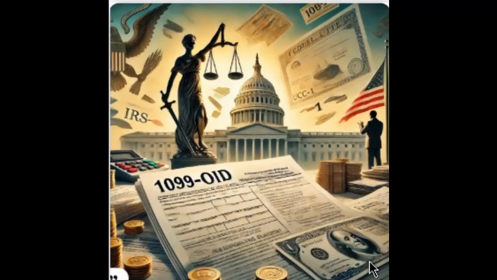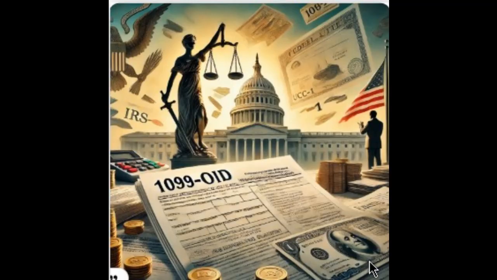Conclusion: reclaiming financial sovereignty. By understanding the financial mechanisms behind birth certificates, Social Security accounts, and the 1099 OID, individuals can navigate the legal landscape and assert their economic independence. The United States operates as a corporate financial entity, and legal financial filings provide a means to recover what has been withheld.